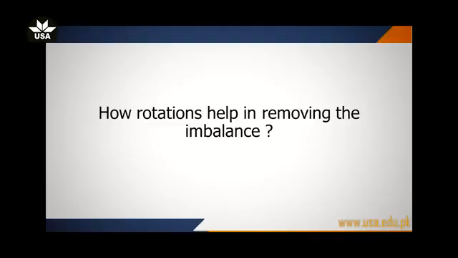How do rotations help in removing the imbalance? At the end of this session, we will dry run and discuss balance and imbalance. When a tree is not balanced and the imbalance is introduced in the tree by a node, how can we remove the imbalance and obtain a balanced tree?